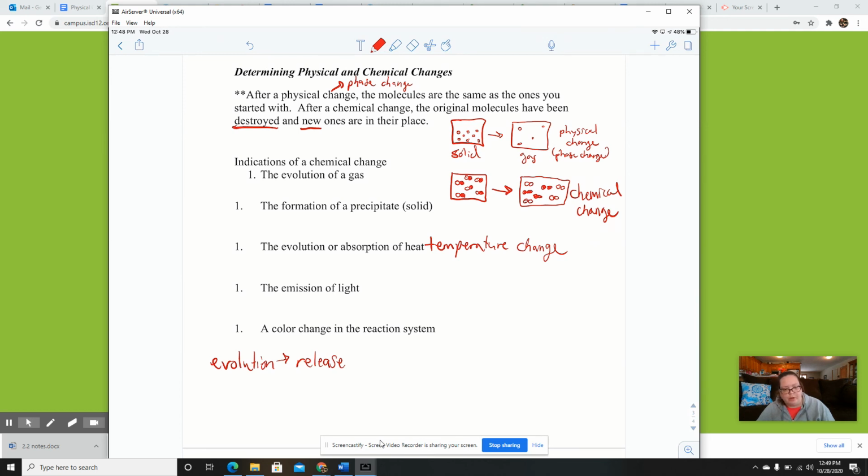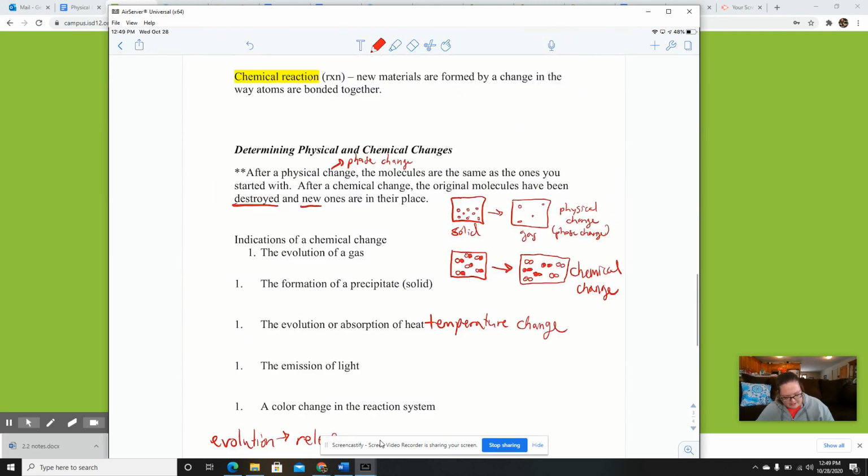The fourth one, emission of light. Again, that's light being given off. And then the fifth one is a color change that has occurred in the system. So those are the five things that you can look for. If you see any one of those five, you know that a chemical change has occurred.